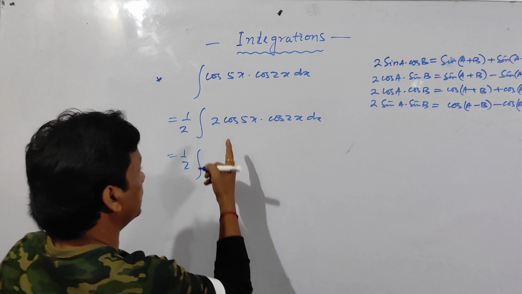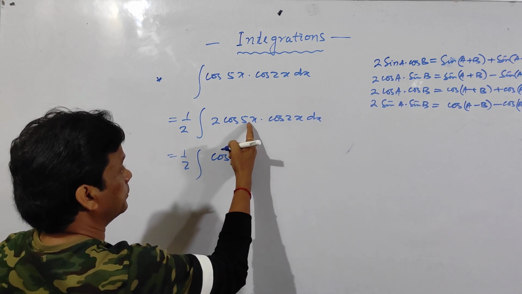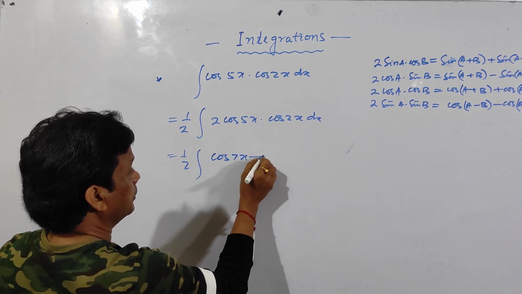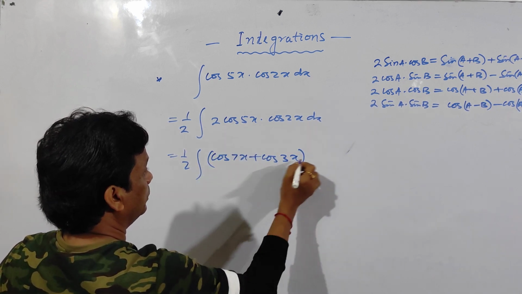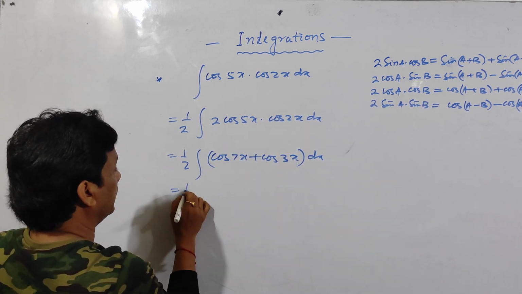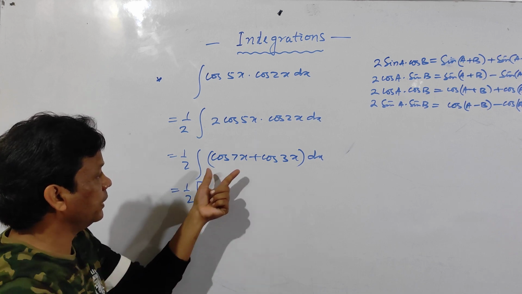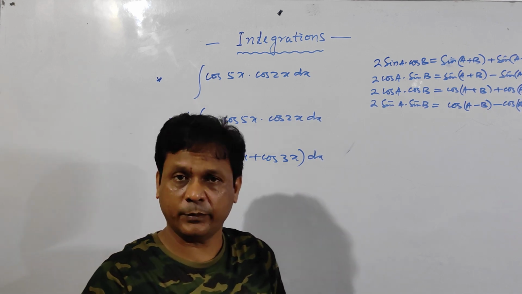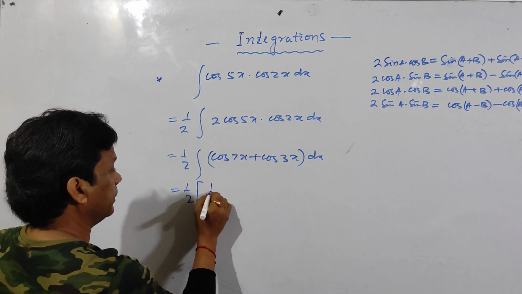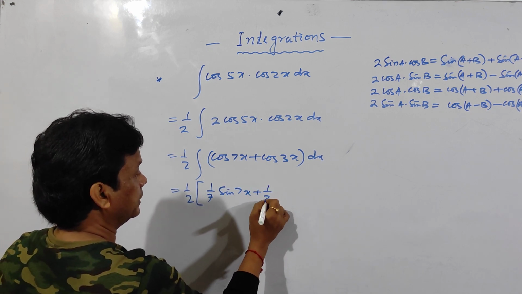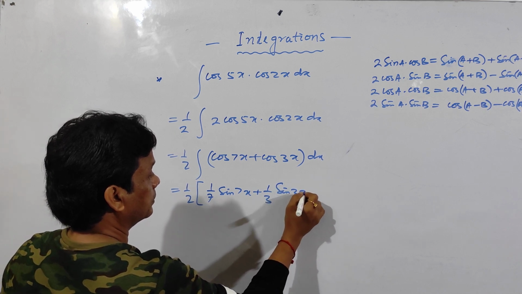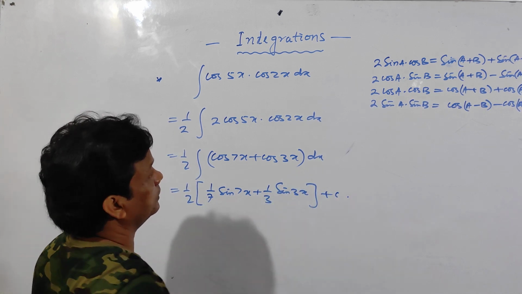So cos(A plus B), 5x plus 2x, it is 7x, plus cos(A minus B), 5x minus 2x, it is 3x, into dx. So it is equal to 1 by 2. Apply the formula: for cos mx, it is 1 by m sin mx. So 1 by 7 sin 7x plus 1 by 3 sin 3x, plus c. This is the answer.